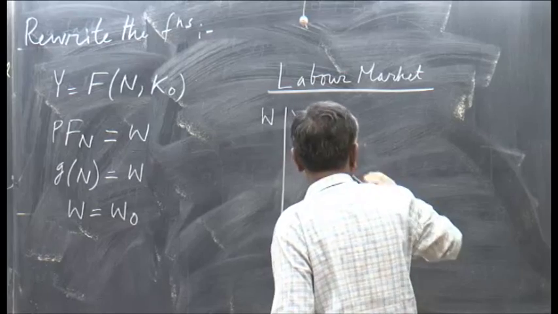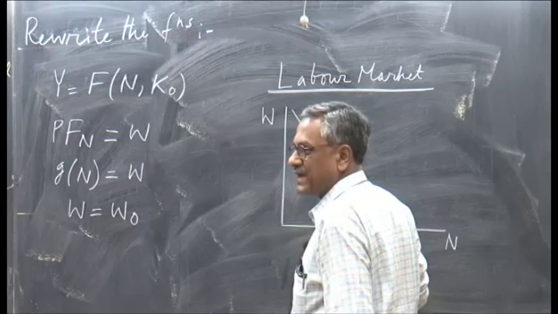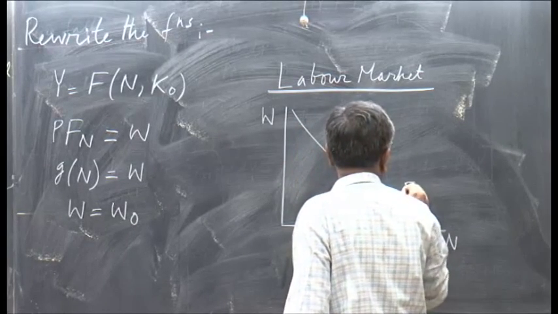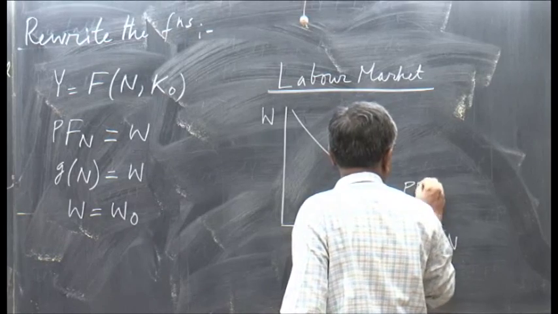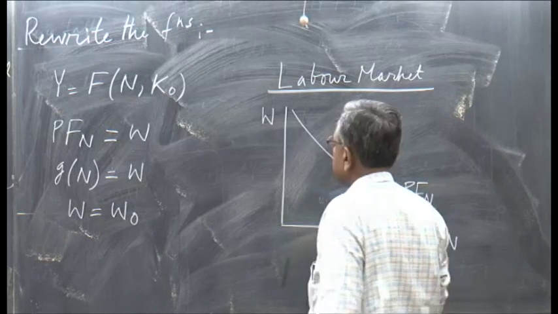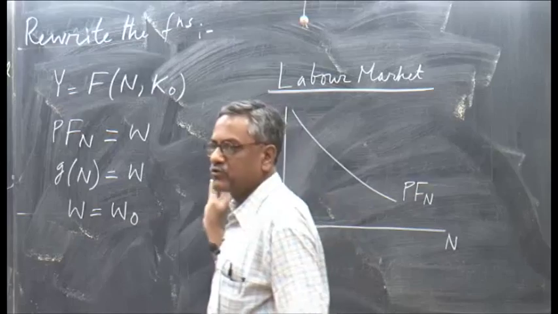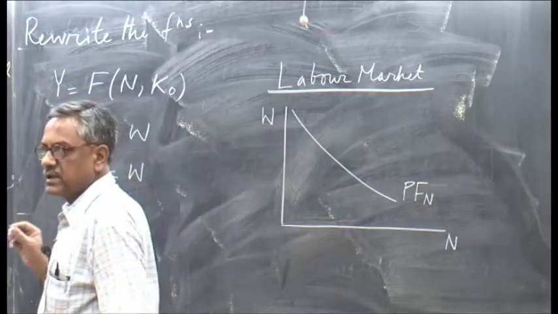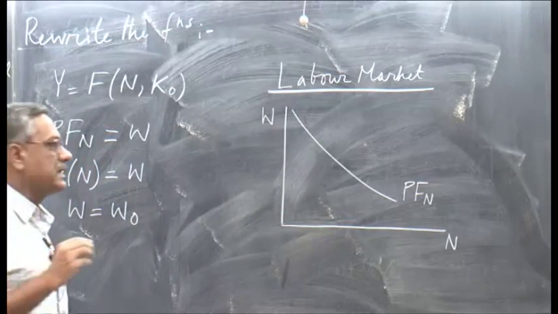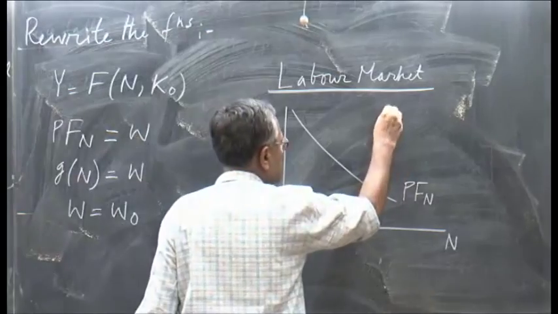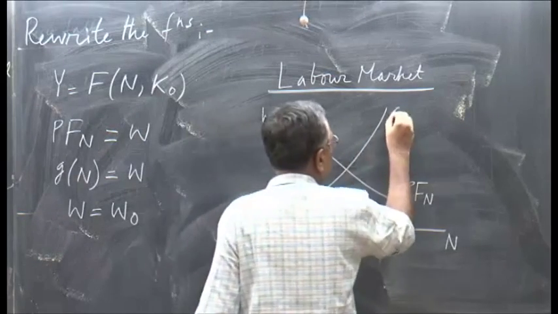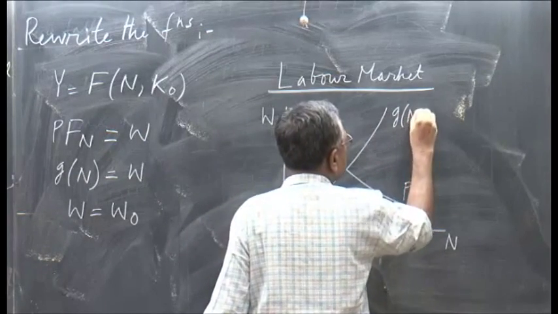The labor demand function, I will not draw Fn, I would draw that for a specific price P times Fn. I take some price P and then draw it, the labor demand function. And the labor supply function, with the usual assumptions, I draw as Gn.